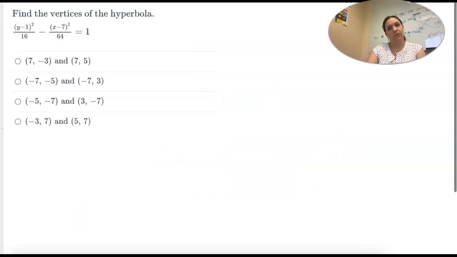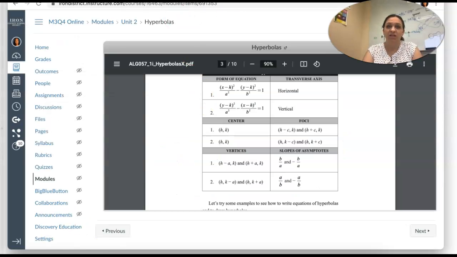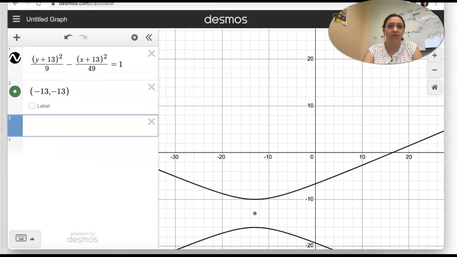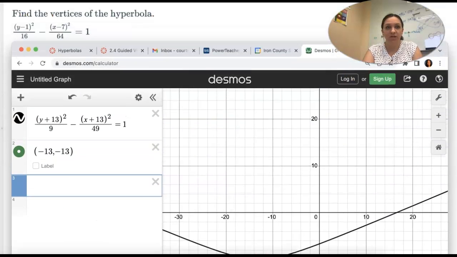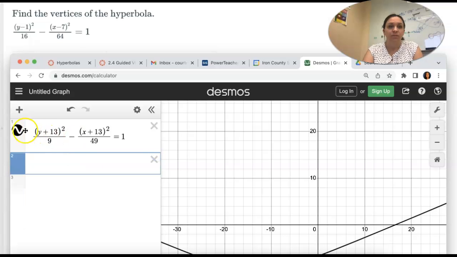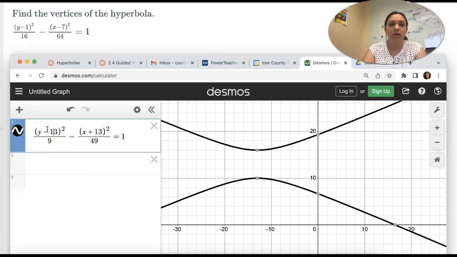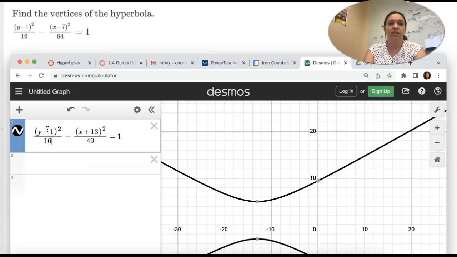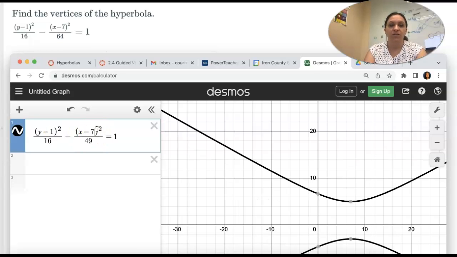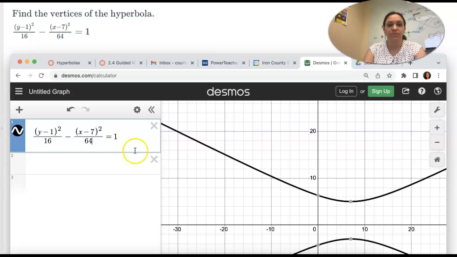Okay, so we're also going to have to find the vertices, and on some of these, I'd like you to utilize your graphing calculator when you can. So we have y minus 1 squared over 16, and then x minus 7 squared over 64.